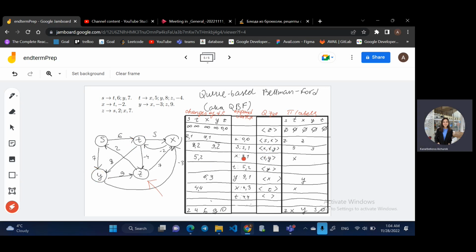We take out X from here. And X values are 7 and 1.